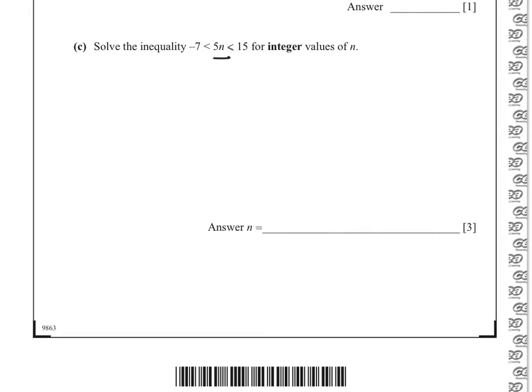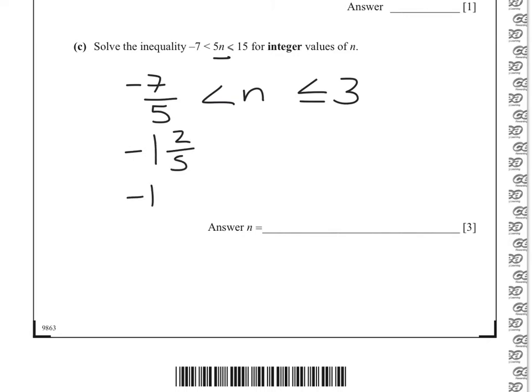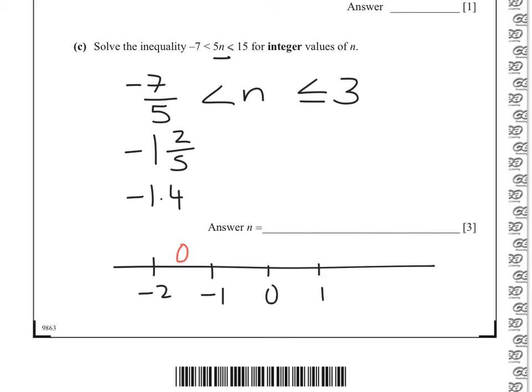We have 5n, so I'm going to divide by 5. So minus 7 over 5 is less than n, and 15 divided by 5 is 3. Minus 7 over 5 is minus 1 2/5, which is minus 1.4. So if we think about a number line, with minus 2 and minus 1, and in between those minus 1.4, with 0, 1, 2 and 3, and we want to go right up to 3.